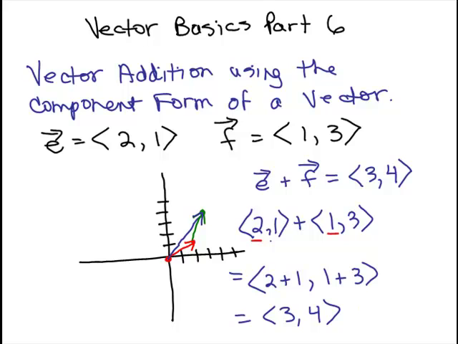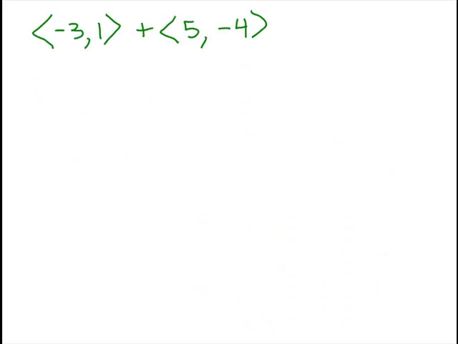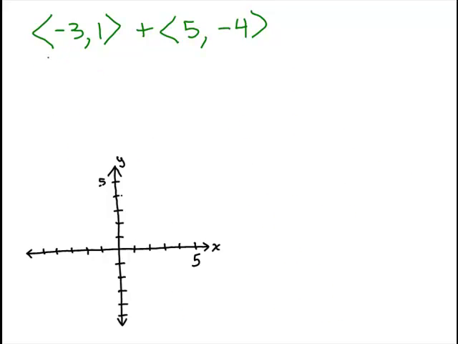And in fact, that's all there is to adding vectors. You add the first components for your new first component, and you add the second components. You could try these with negative numbers. Let's do one with negative numbers. So here's our problem. This is one vector, negative 3, 1, plus a second vector that has these components, 5, negative 4.